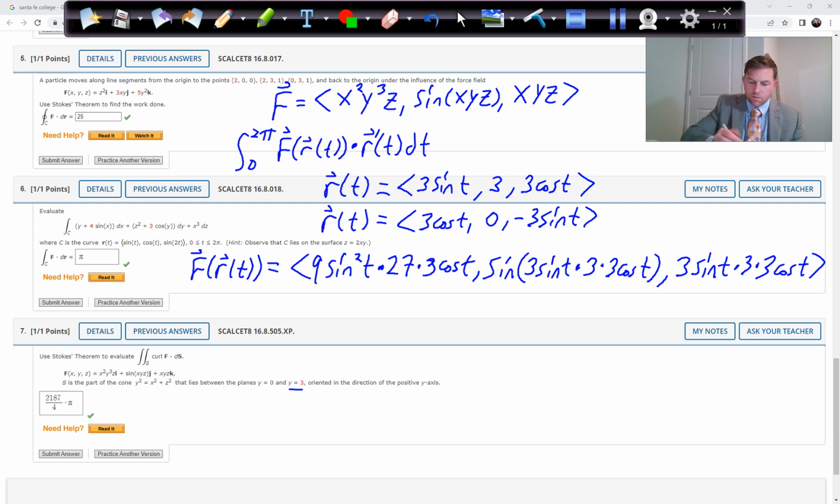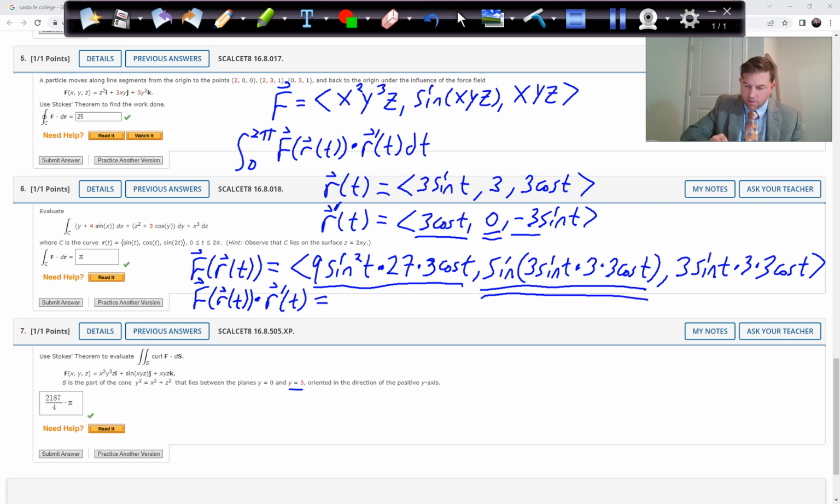Okay, then, oops, I forgot to prime it. That's a derivative. We're going to dot product this with r prime of t. So we're going to get 3 cosine t times this first term, so this one times this one. This 0 is going to kill off all of that, so we don't have to worry about that. Then we're going to have minus 3 sine t times this one. And we're going to add them all up.